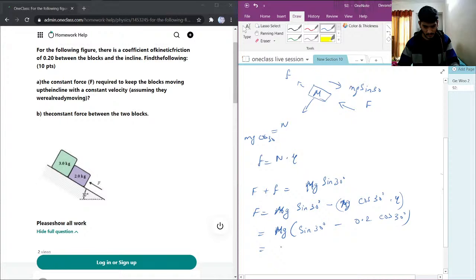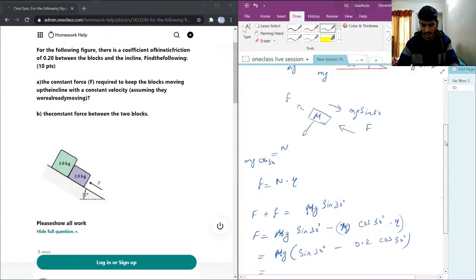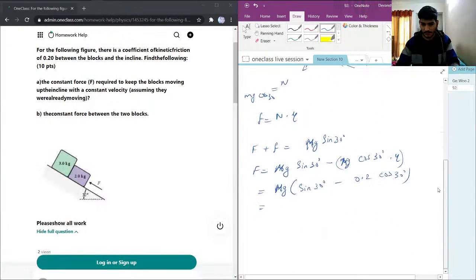So the total mass is 5 kilos, 5 into acceleration due to gravity into 0.326. So I'll do the multiplication here.